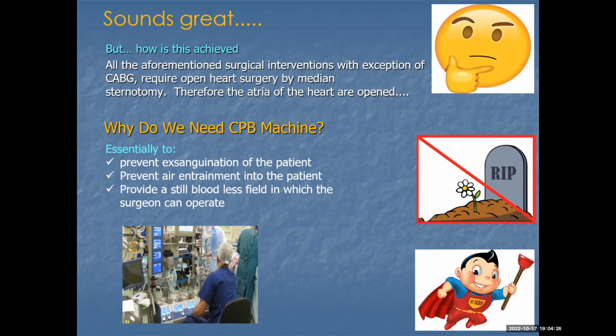Coronary artery bypass grafting can be done off pump, without the heart-lung machine, but it's much more difficult because you're stitching onto a moving target with bleeding points, so it's harder to see. A lot of surgeons therefore choose to operate on pump, because it provides a still, bloodless field.